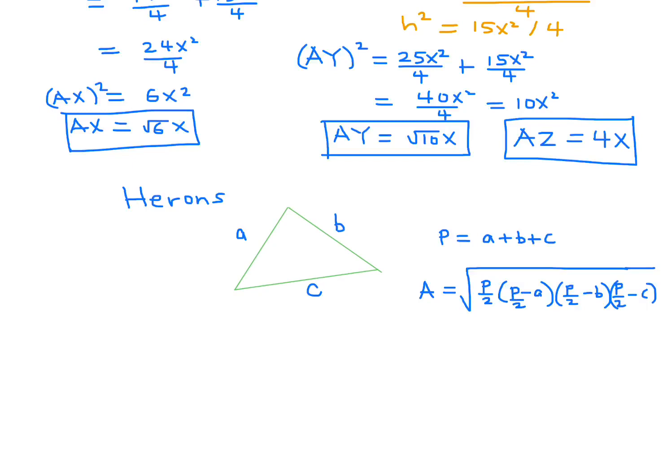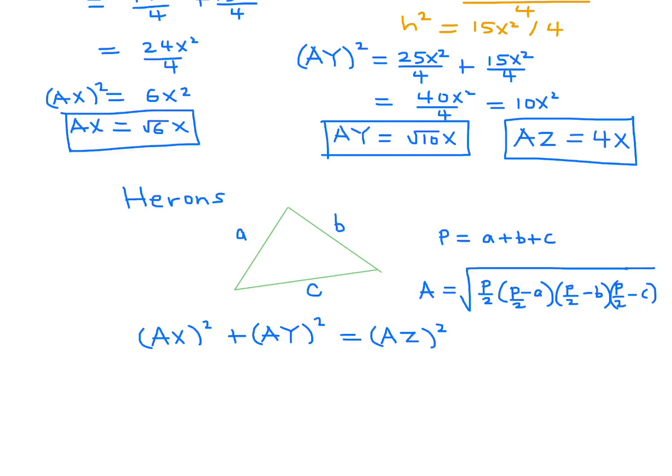But as I'm staring at this, I got a little bit of inspiration that I think these form a right triangle, which is very nice of them to do that. I believe so, because if you do AX squared plus AY squared, I think it equals AZ squared.